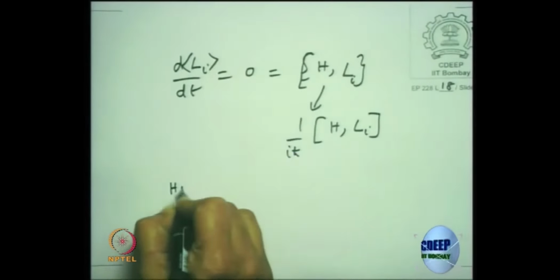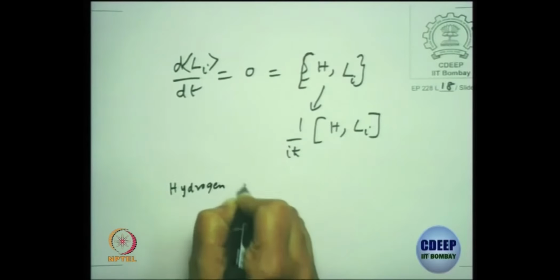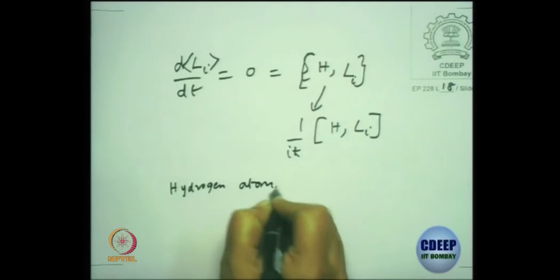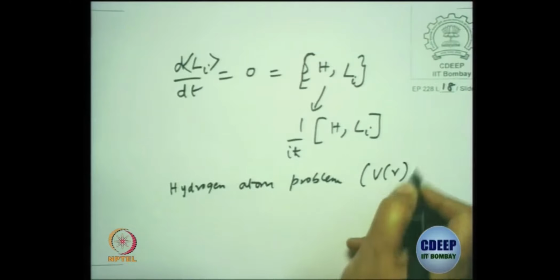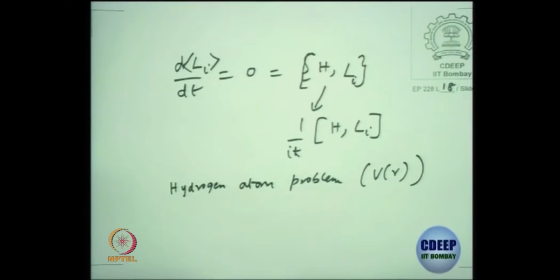They are compatible operators. So this means for the hydrogen atom problem, and all central force problems, which include all V of r potentials, not just the hydrogen atom, in rotationally invariant systems, angular momentum is conserved.